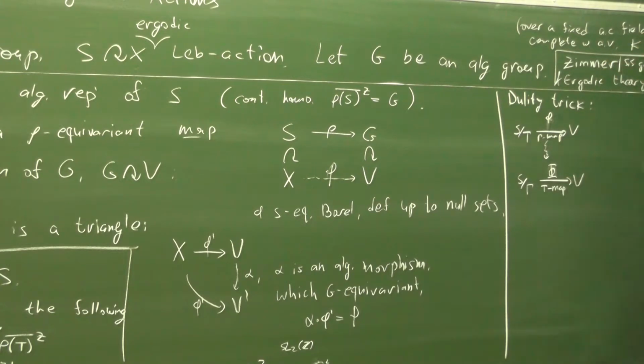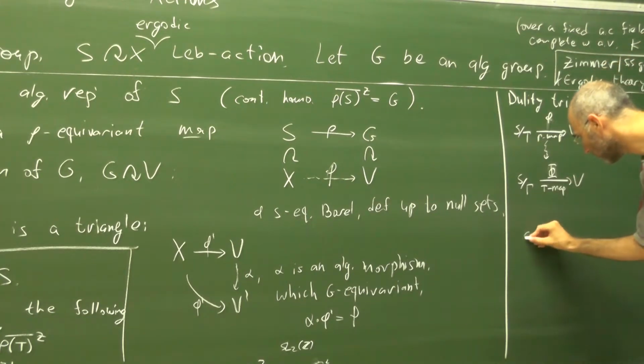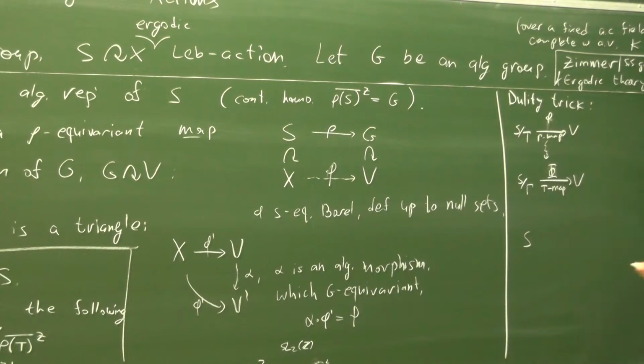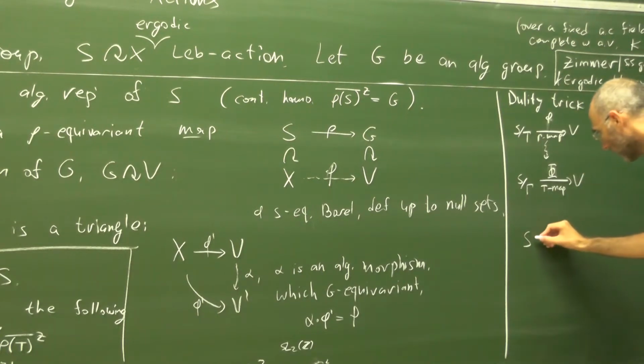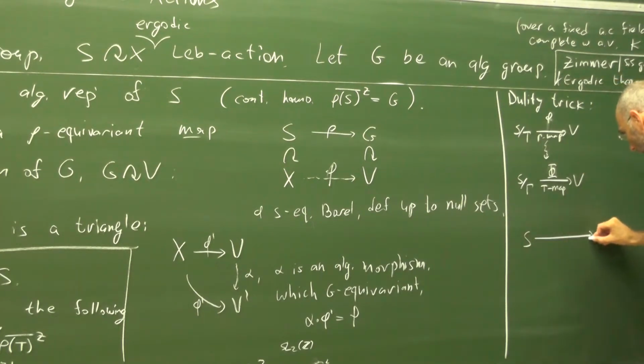And the trick was to look at, I'm reminding now a trick, so this is not very formal. So we had a map S to V, with x inside S mod T a T fixed base point.